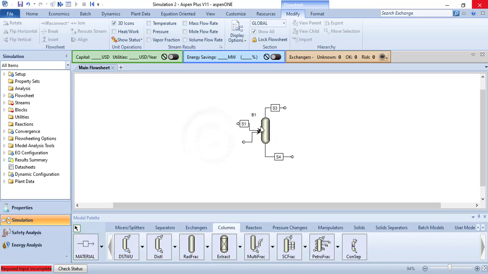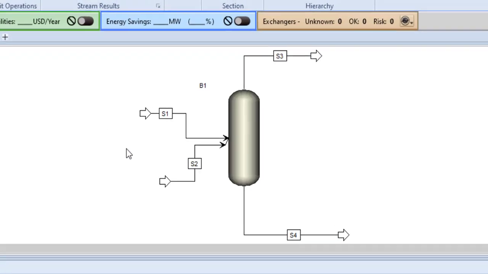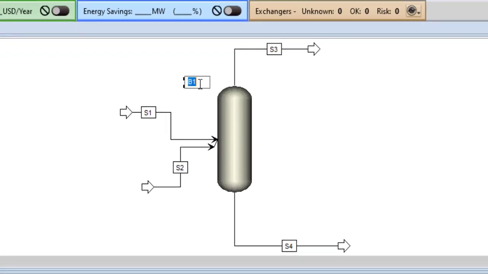Right click again. Let me zoom to fit, and let me rename this as scrubber. This is the, or better to say, clean gas. Yes, that's all.